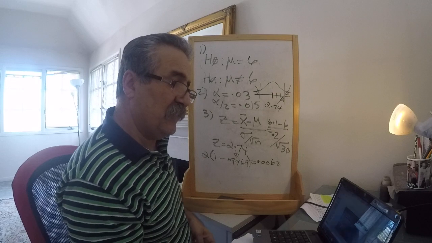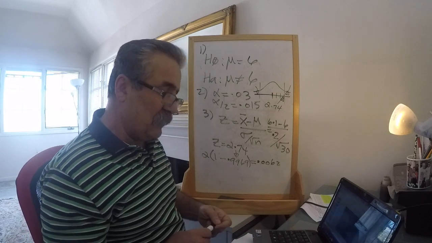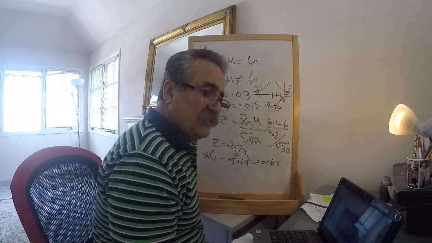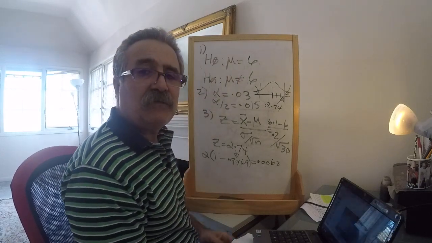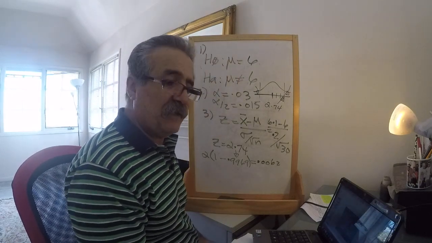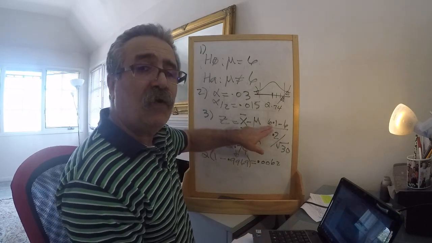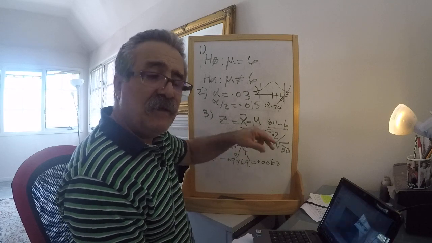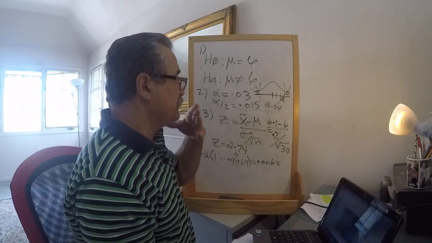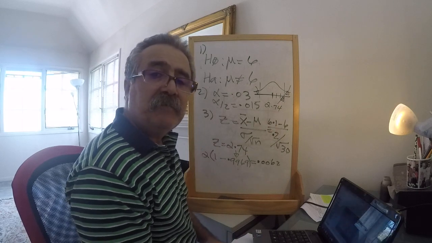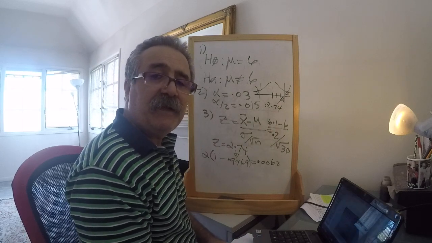So they're not going to be able to reach the goal of 6. That means they have to stop the operation. Probably underfilling or overfilling is taking place. So in this case, we would say overfilling is taking place. Overfilling is going to make the company lose money.